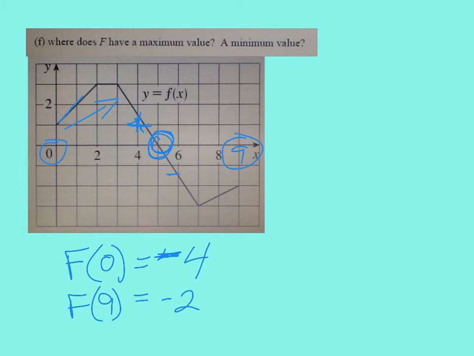And then after 5, we're going down, and we get to negative 2. So it stands to reason that F has a minimum at x equal to 0. So test our endpoints, and it has a minimum at x equal to 0, simply from the first part that F of 0 was smaller than F of 9.